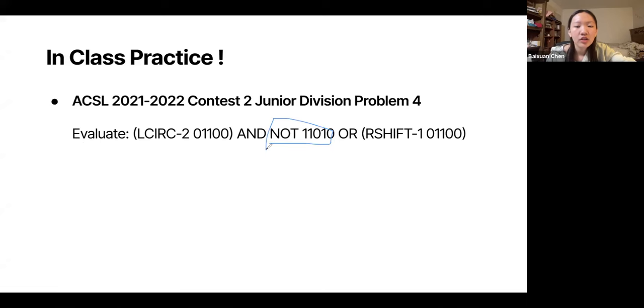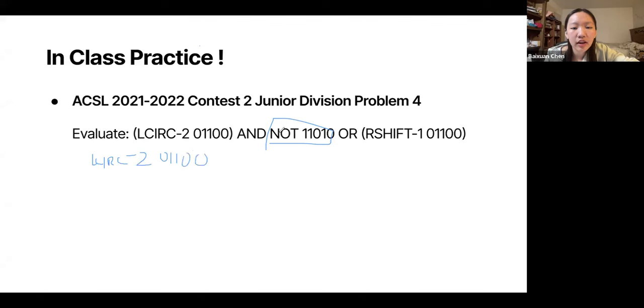So we have to do the not first. So it will be left circle to 0, 1, 1, 0.